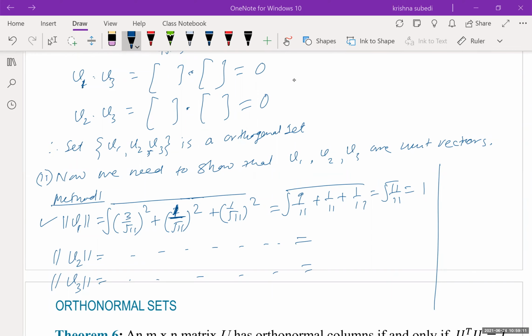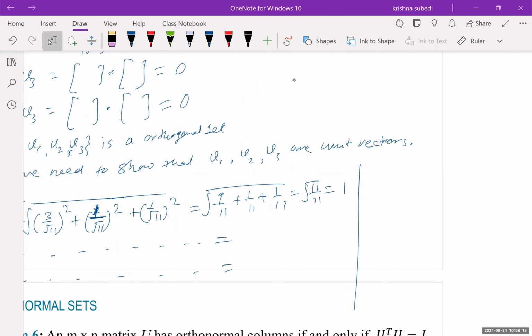That's one method. And if you want to do this by another method, you can do it this way too. So method 2 is, v1 dot v1 should be 1, v2 dot v2 should be 1, v3 dot v3 should be 1. Let us check that.